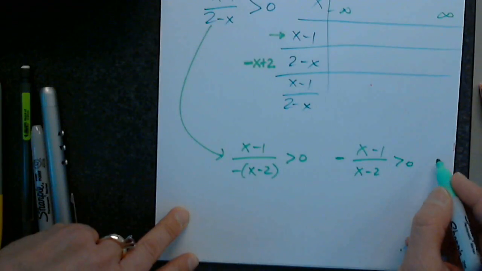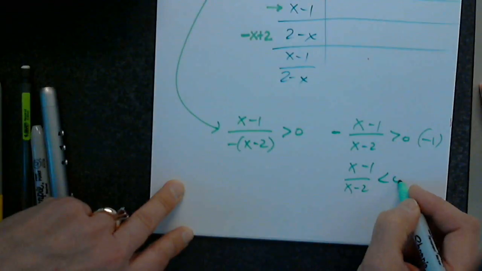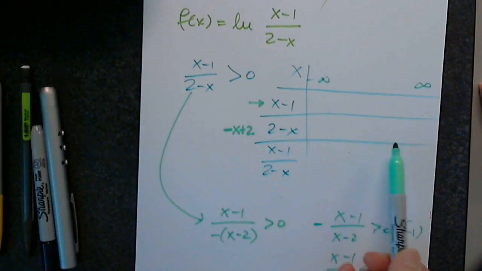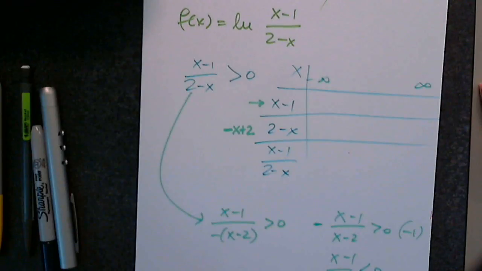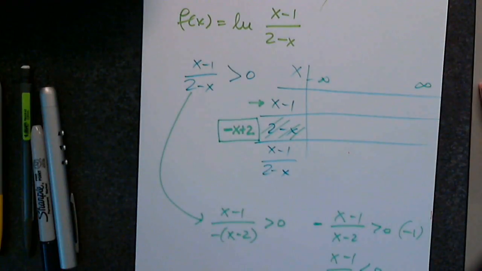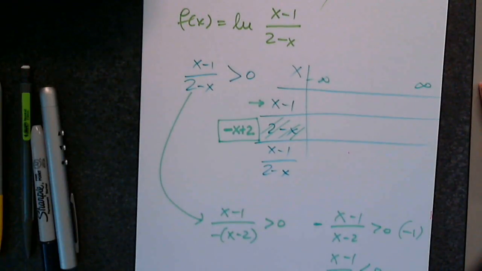And then multiply both sides by negative 1, and then I get this. Then I agree. But you cannot change this into x minus 2. You can change this into this. That is allowed because they are identical. But I cannot change this into x minus 2 because they will not be identical.